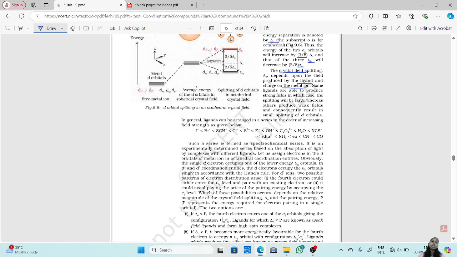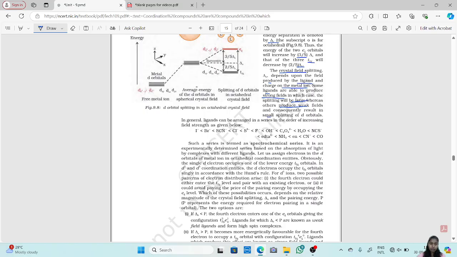Now some ligands are able to produce strong fields, in which case the splitting will be large, whereas others produce weak fields and consequently result in small splitting of d orbitals. So when the ligand has a strong field, the splitting will be large, and if the ligand produces a weak field, the splitting will be small.